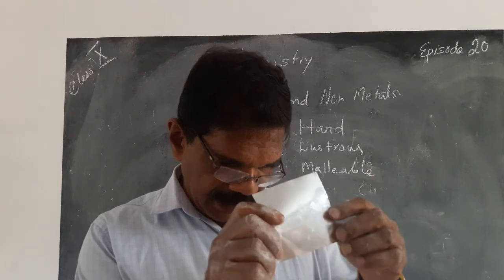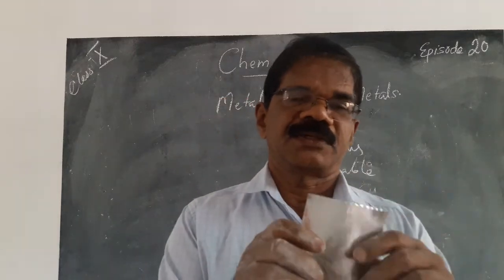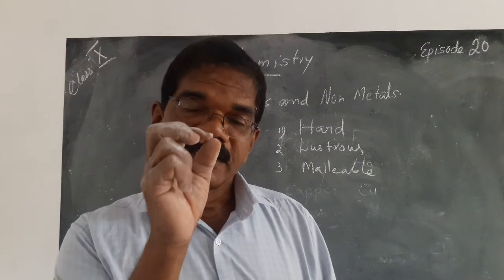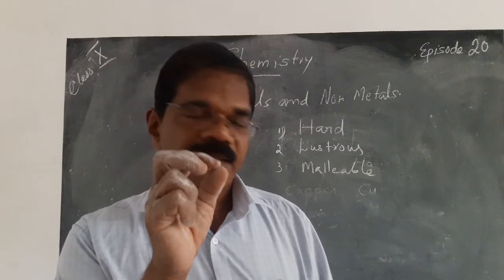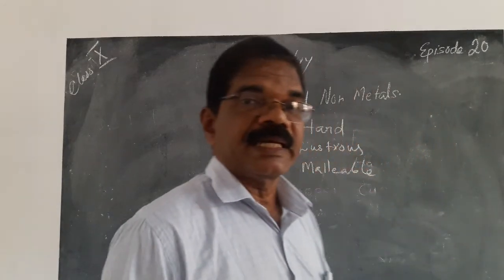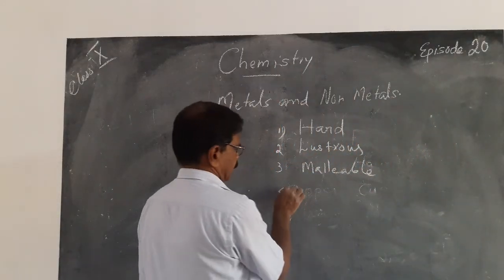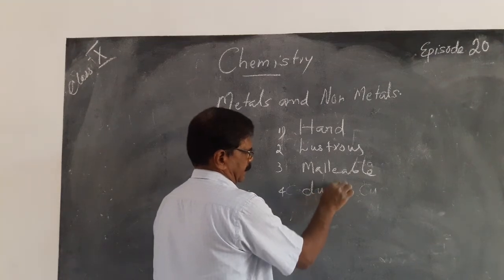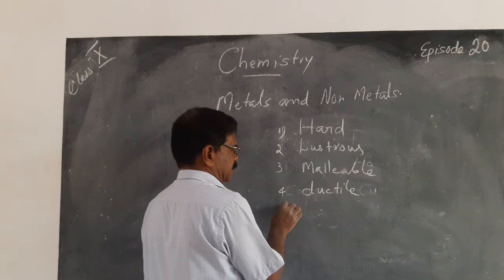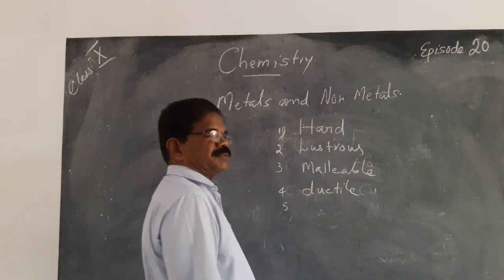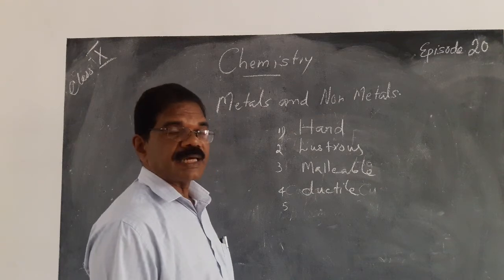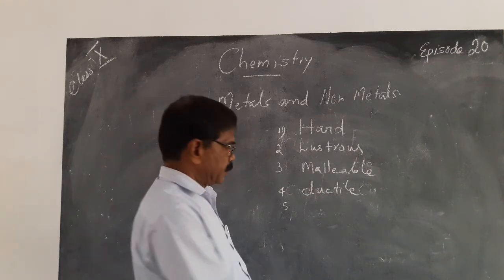What is ductile? Metal drawn into thin wires is known as ductile. And when you hit metal with a hammer, it produces sound. It is known as sonorous.